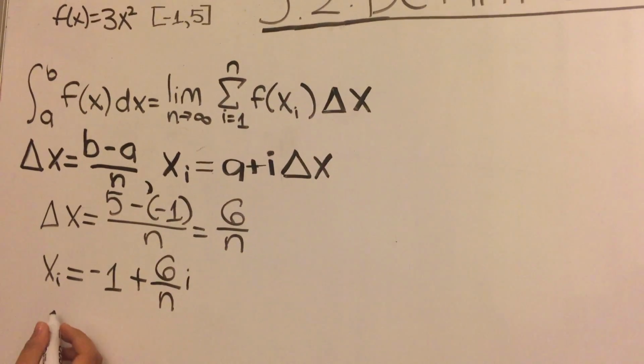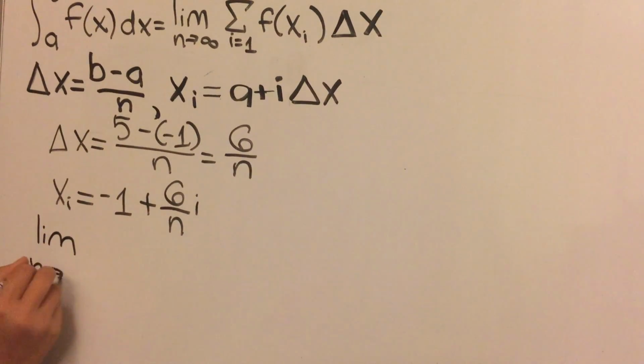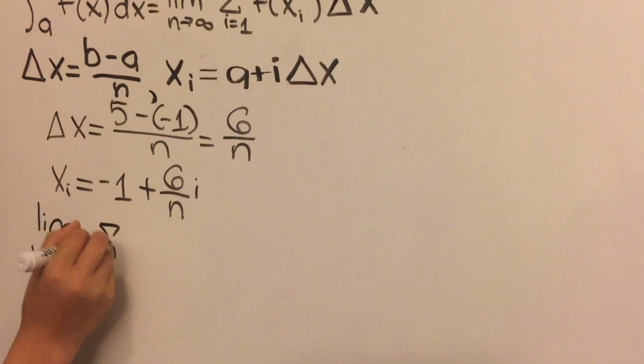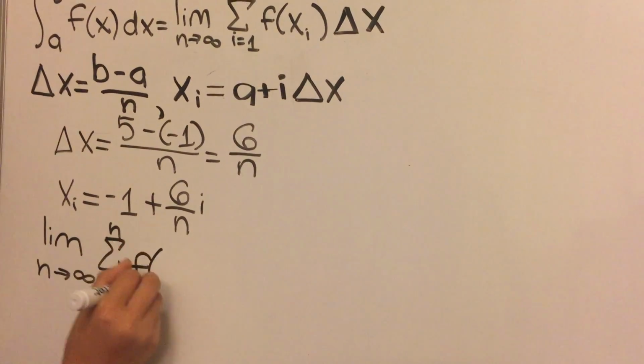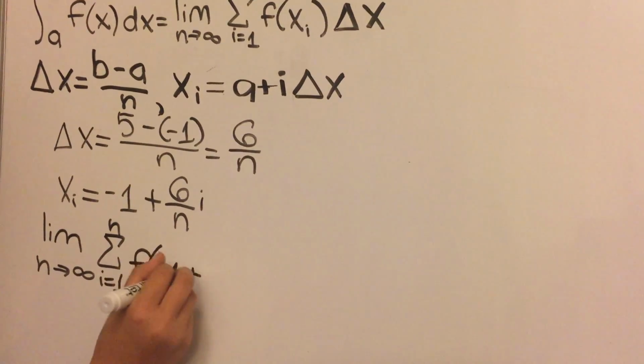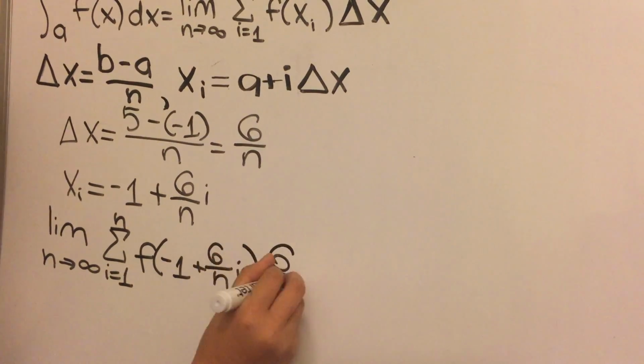So rewriting this as a whole would be limit as n approaches infinity, sigma i equals 1 to n, f of xi, which would be -1 plus 6 over n i, times delta x, which is 6 over n.